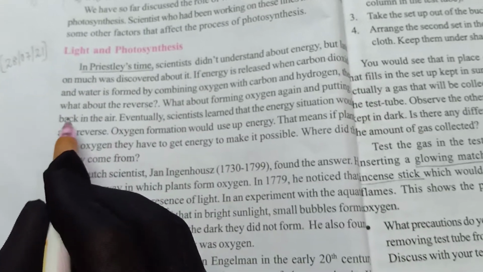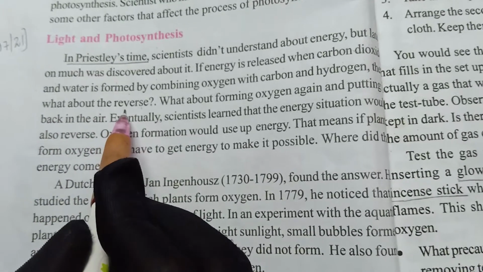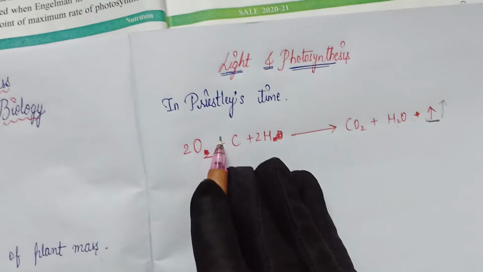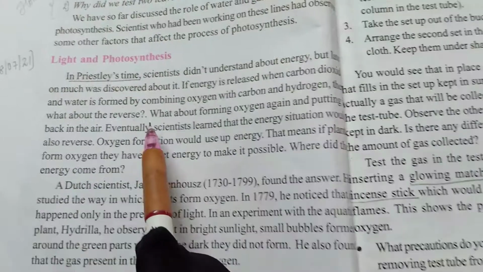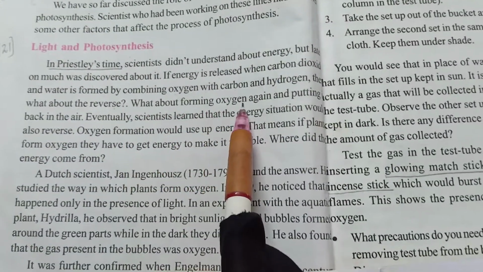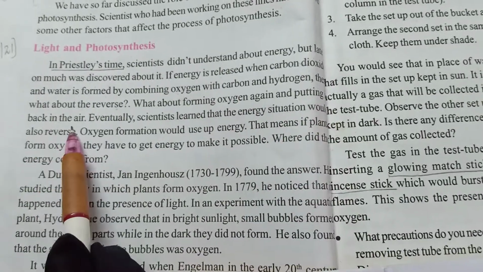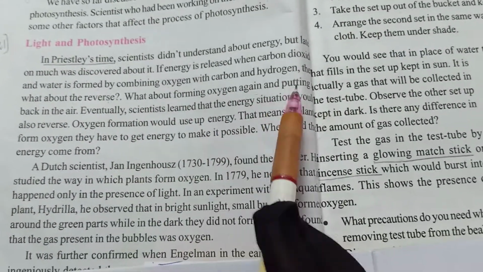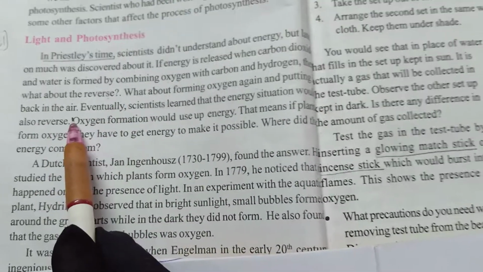Then one question will arise: what about the reverse? If this is our equation, what happens if the process is reversed? What about forming oxygen again and putting it back in the air, in the gases?